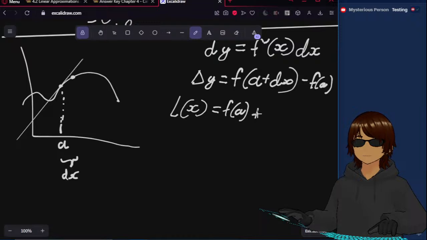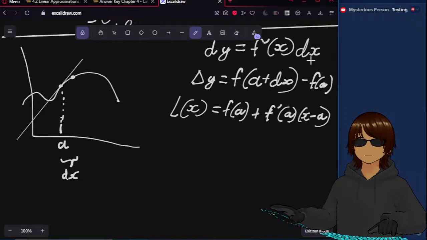Plus. What's the difference between this and this? Because delta x is over here, basically the difference, and then we are calculating the gradient. This is the bias basically. It's f of a plus it with the change.